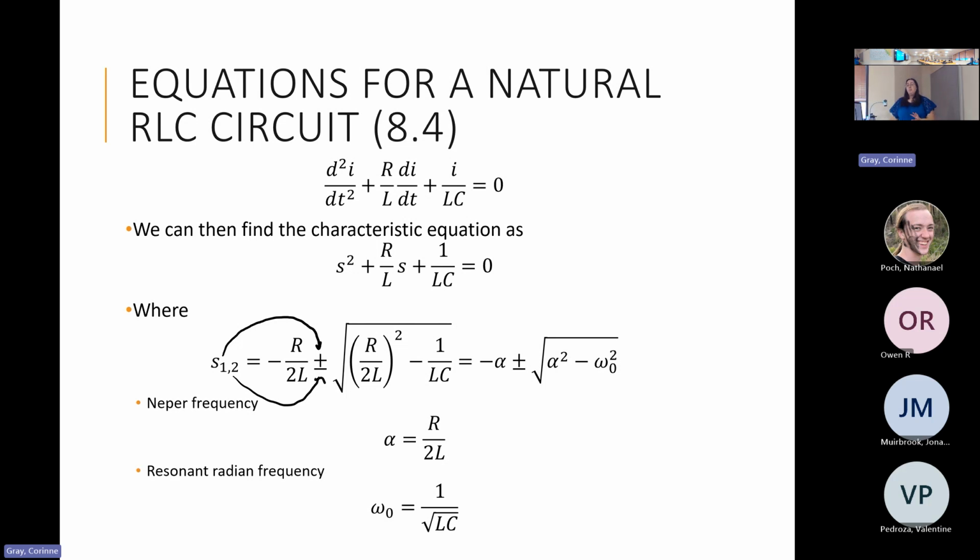The idea of using S1 and S2 is that I don't have to write it out every single time. So it is a simplification step for writing out the solutions. It's making it such that actually doing the second order differential equation stuff in theory is easier.